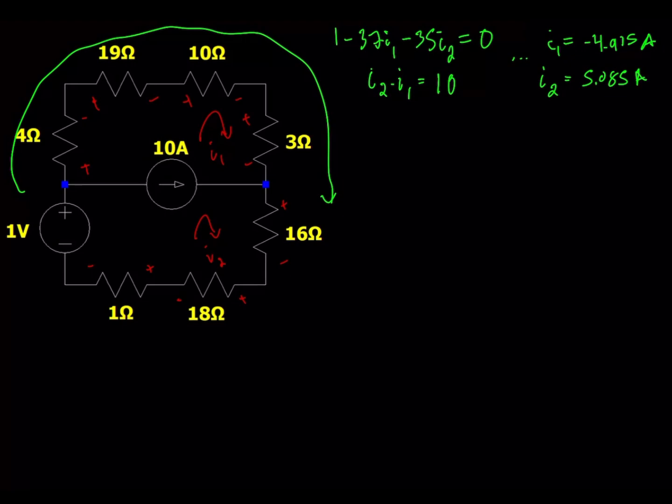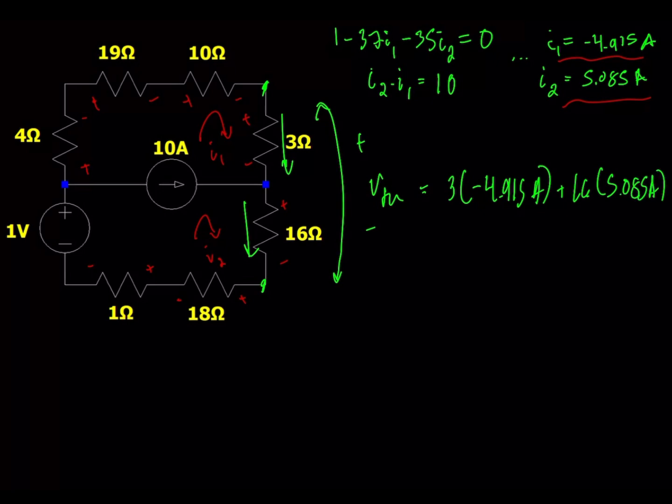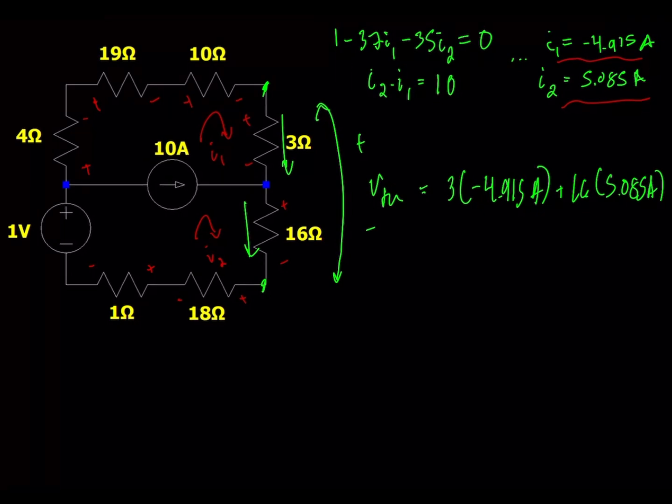So once I've solved for these mesh currents, I can use these currents to find the voltage across this terminal by adding up the voltage drops across that 3 ohm and 16 ohm resistor. And so you do those calculations, and they'll give you the Thevenin voltage. That'll end up being 66.6 volts, which will be the voltage source for our simplified model.